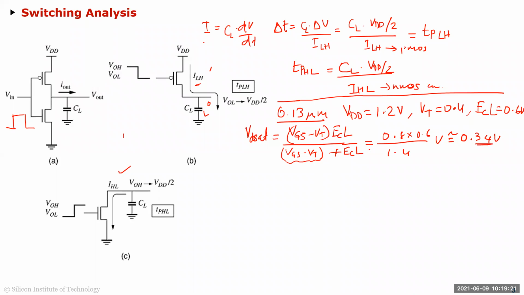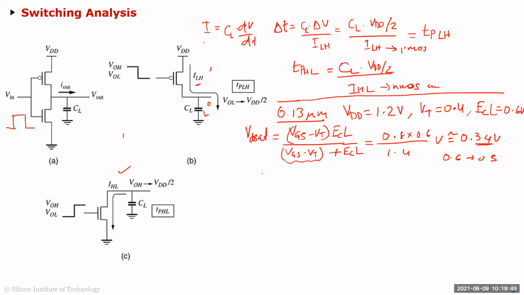Obviously, below 0.3 volts it is in linear, but from 0.6 to 0.3, it's going to be in saturation. So we'll assume that most of the time the current is the saturation current. It is a little optimistic, but that just makes your life easier to calculate.